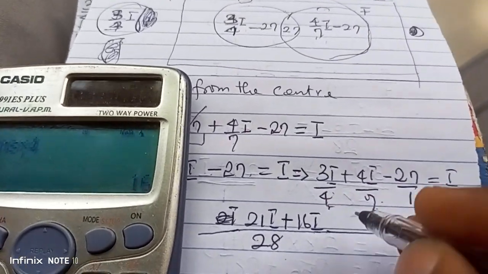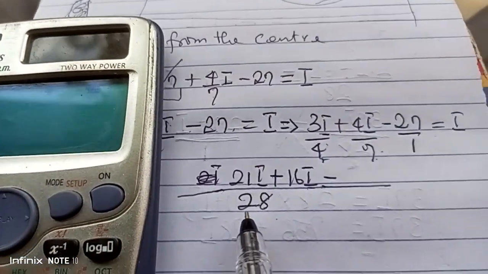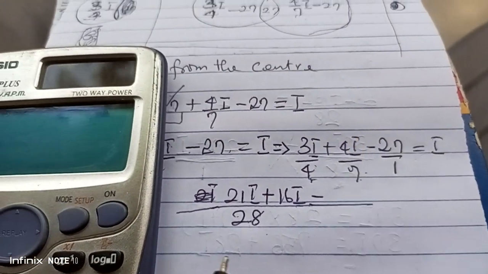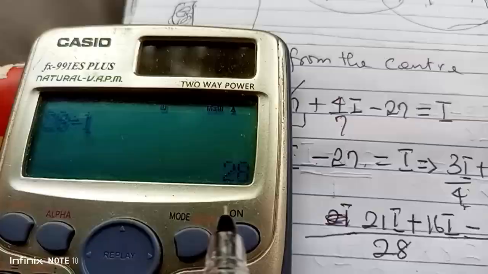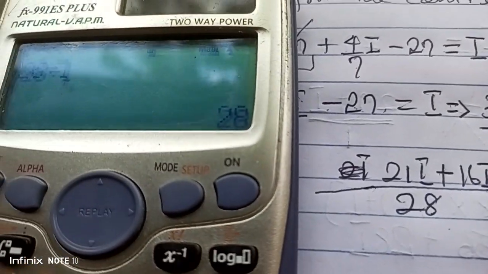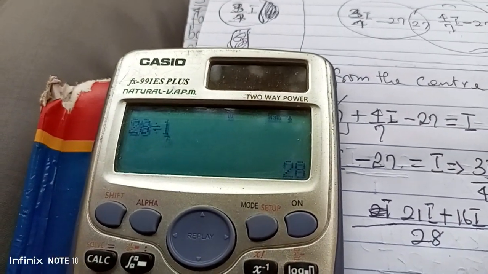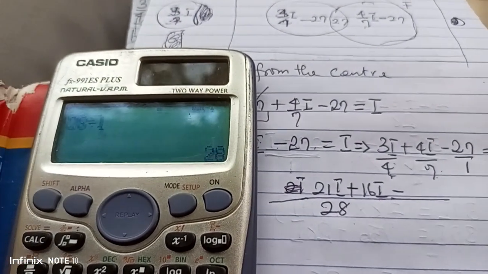So 16I minus. The other one is 28 divided by 1, so 28 divided by 1 is 28. So 28 I have minus 27.